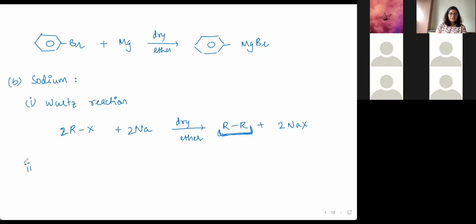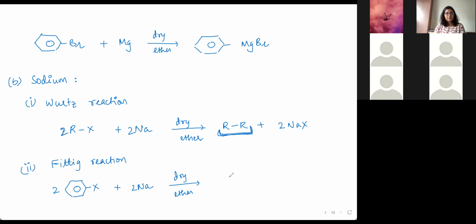And the same reaction, if you end up doing with benzene, that's called Fittig reaction. The only difference between Wood's reaction and Fittig reaction is that one is with aliphatic haloalkanes, one is with haloarenes, and dry ether. So these two end up joining.